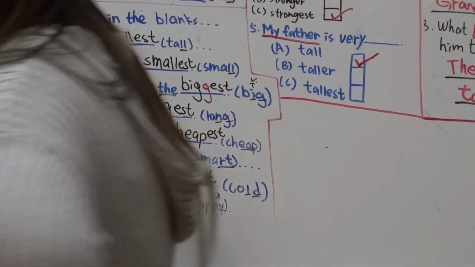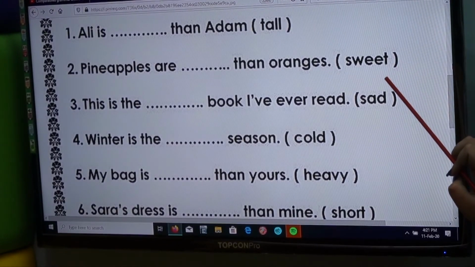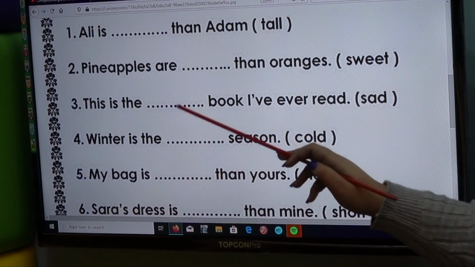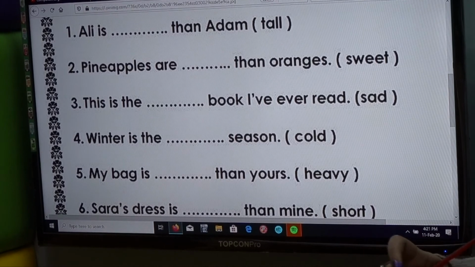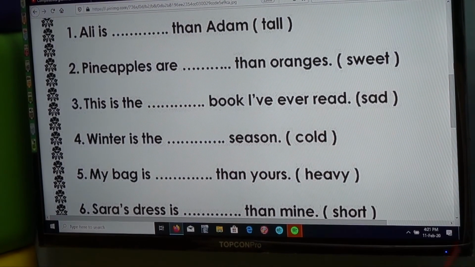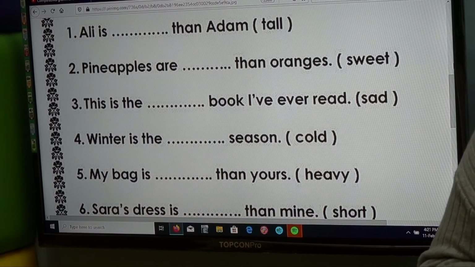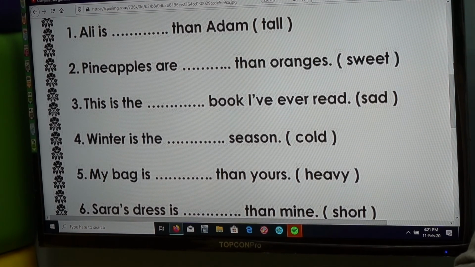Here is the comparative, so we just add ER. Okay? Number 3. It's your time to show me. I'll give you 10 seconds. 10, 9, 8, 7, 6, 5, 4, 3, 2, 1.